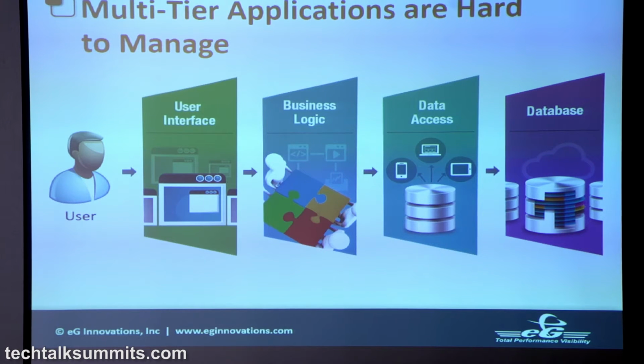On a typical scale, multi-tier applications are pretty much set up like this. On the user interface level, you're looking at a web front end, more like a web server. On the business logic, you talk about more like middleware. Data access will be whatever type of backend you have.